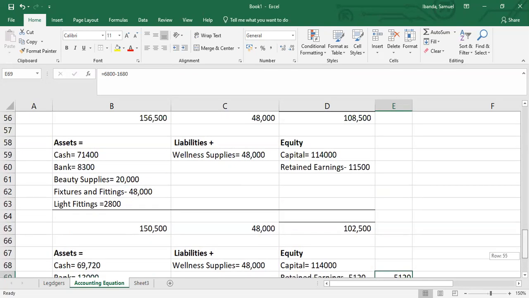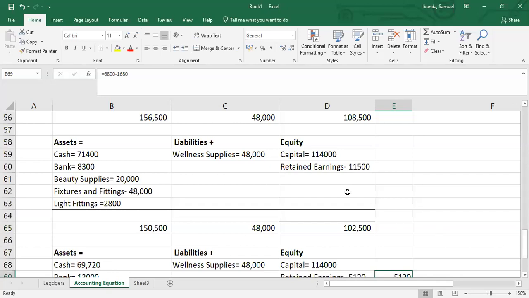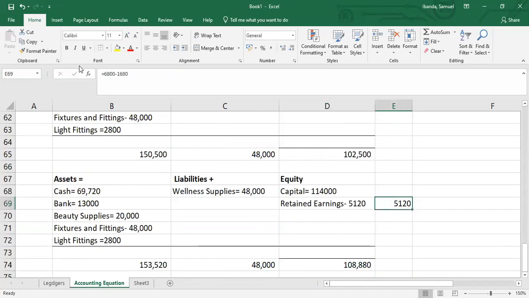So this was 11,500. I think I'd taken a wrong figure. Can somebody remind us?